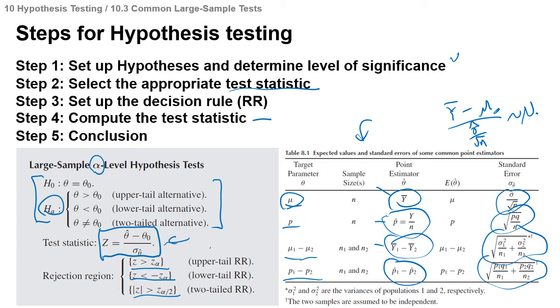So these are the general steps for hypothesis testing. When you are solving your problem, check this slide and try to solve the problem. Then I think it would not be very difficult. Anyway, let's move on.